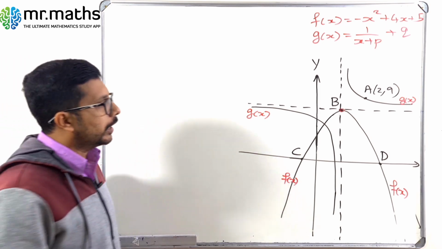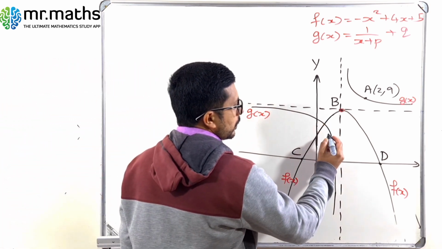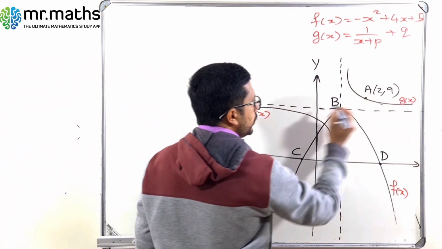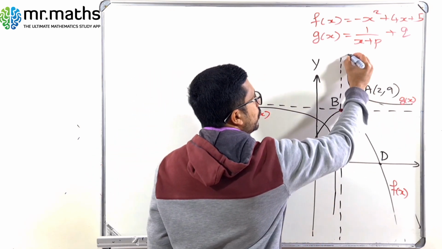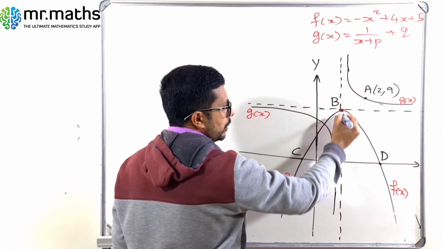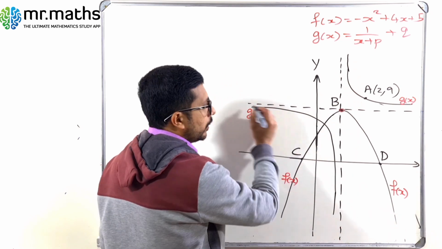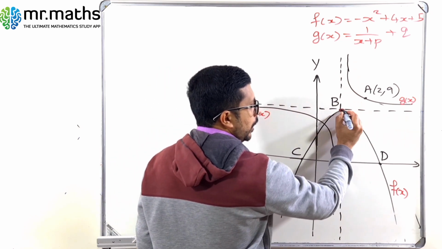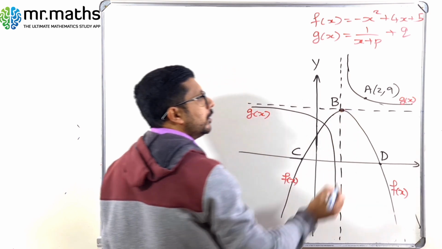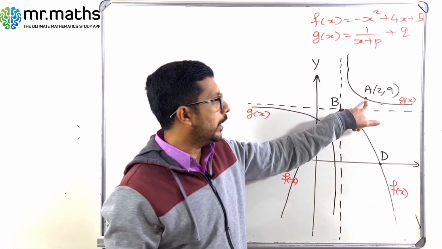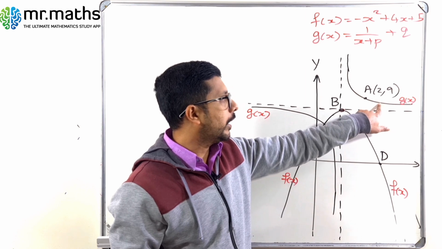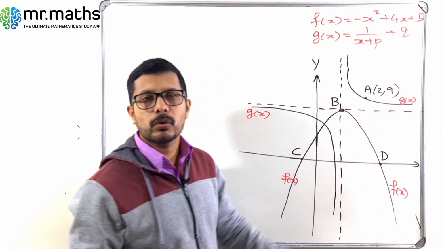Can you see that this is a vertical asymptote, this dotted line, and this one is a horizontal asymptote, and they meet at the point B. And the point A is on g of x.